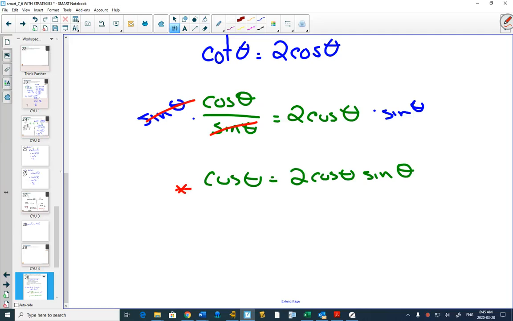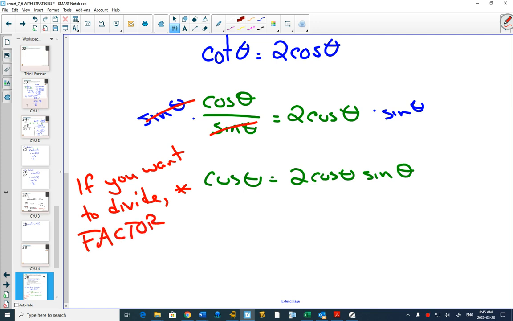And this is where you are going to get tempted to make a mistake, okay? If you want to divide, factor instead.